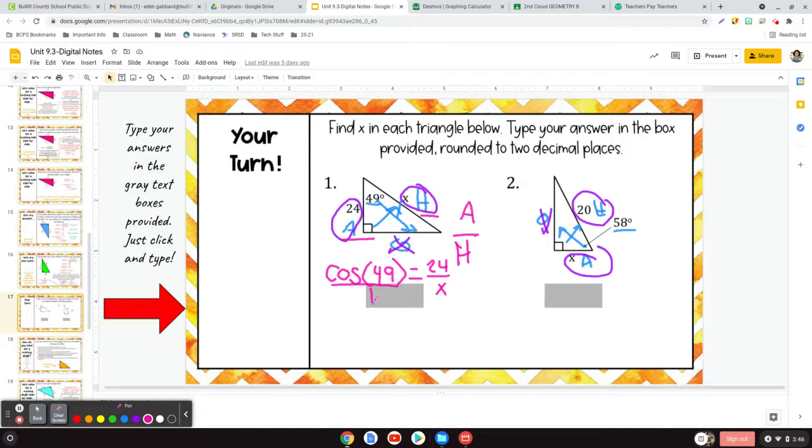Remember, we're going to cross multiply here. So we're going to get 24 cosine of 49 equals x.